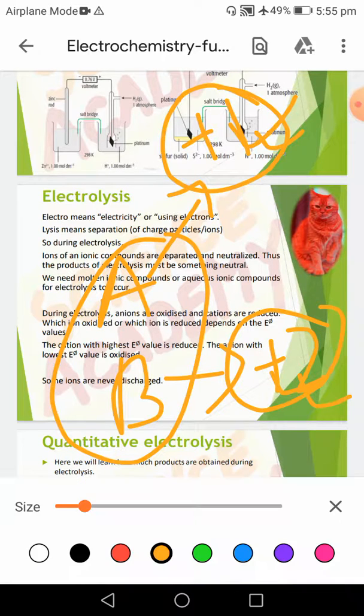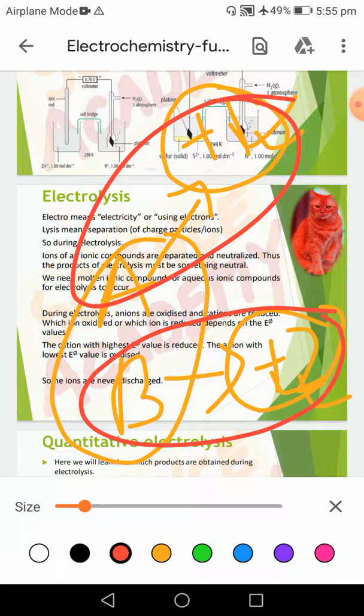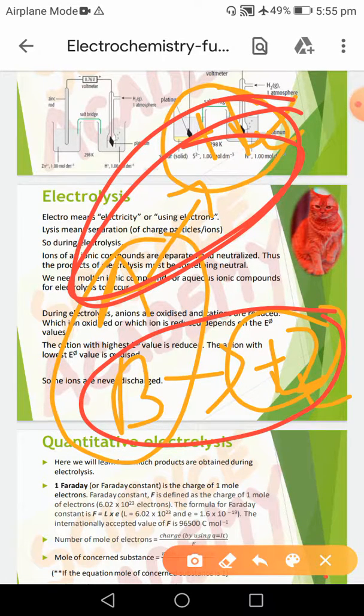So the system of B has a higher tendency of getting reduced, and the system of A has a higher tendency of getting oxidized. So if there is a question of oxidation, then A will be oxidized. Consider it in this way.